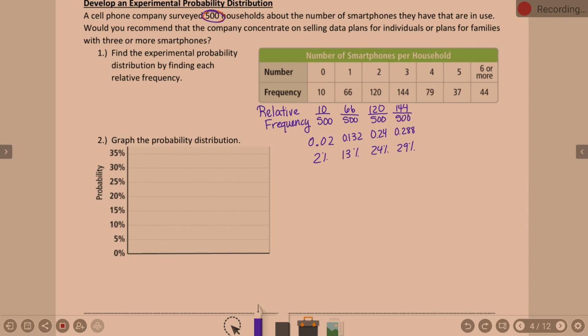Four smartphones. Happens 79 out of 500 times. As a decimal, 0.158, which rounds to 16%. Five smartphones. 37 out of 500.